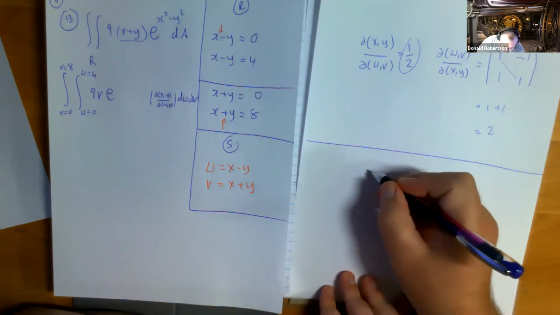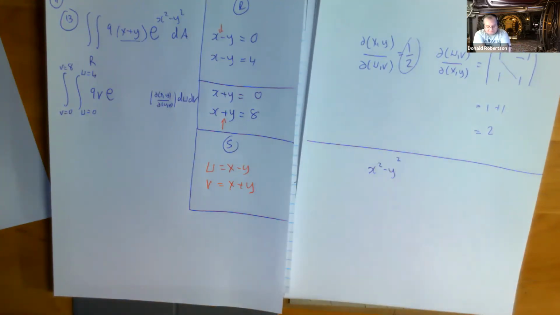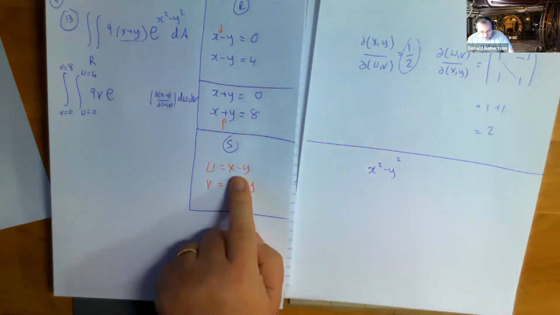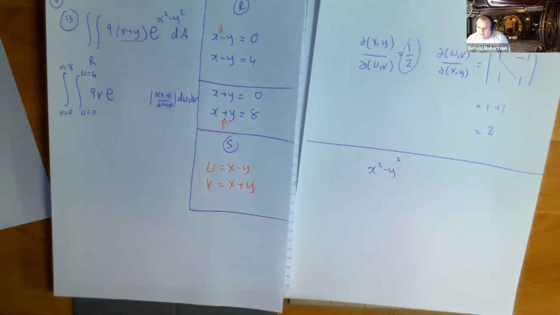I want to take care of this x squared take away y squared term, and I have to replace it by u's and v's. Now there's a long way of doing this and there's the short way. The long way would be to find out what x is in terms of u and v and what y is in terms of u and v. And that is possible, but it would require us having to solve a system of equations and a whole load of other stuff.